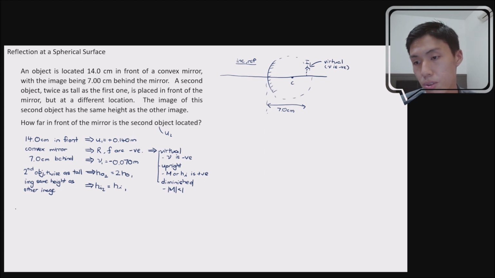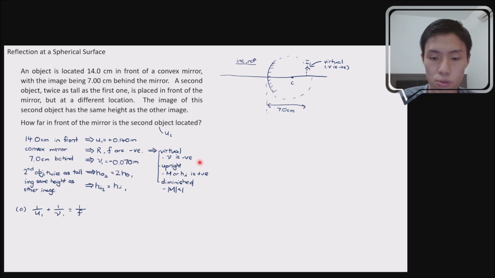It's a simple mirror equation: 1 over U1 plus 1 over V1 is equal to 1 over F. We label U1 and V1 because this is based on the first scenario. But F we still leave as F because the same mirror is used for the second scenario. We are not changing the mirror, so there's no need to differentiate between F1 and F2.